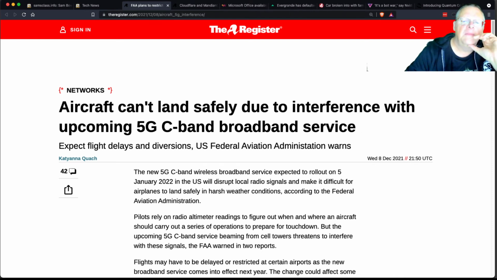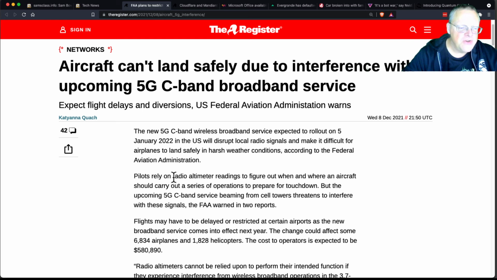This is presented in a matter-of-fact way. It seems really important to me. There's a new 5G C-band broadband service coming out from AT&T, and apparently it interferes with the altimeters in airplanes. So they won't be able to use the altimeter. The altimeter will not give them accurate information.